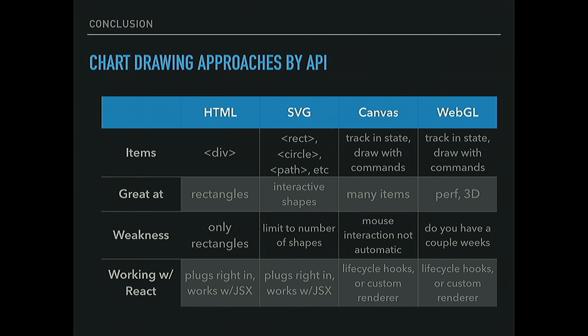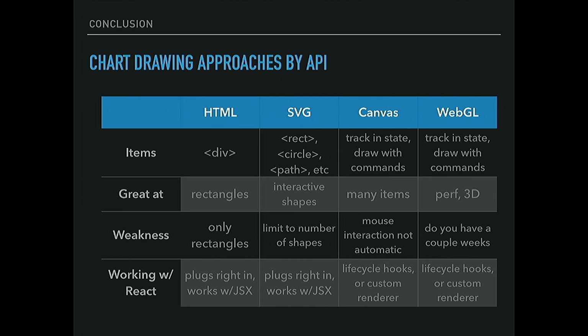The Canvas is great at doing lots of items, which SVG can't. But the weakness is that the mouse interactions are really tricky. It's not automatic. You have to manually work on how the mouse is going to affect it. And WebGL is great if you want the best performance and if you want to do 3D. The weakness is hopefully you have a couple of weeks to learn it before you have to implement it.